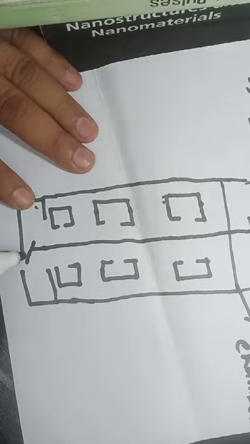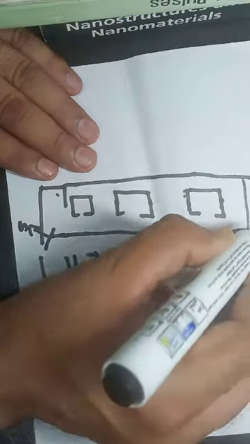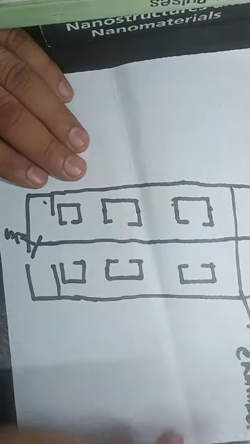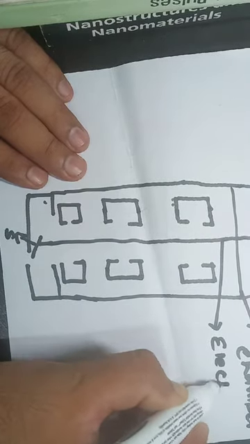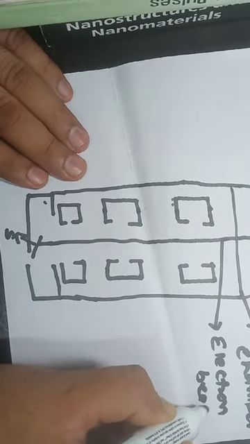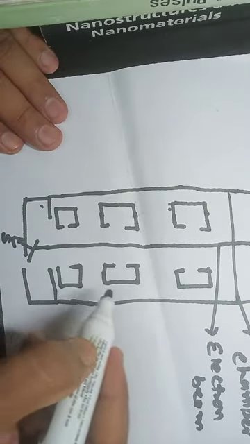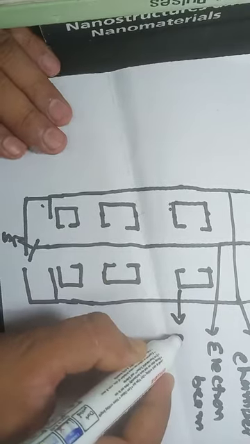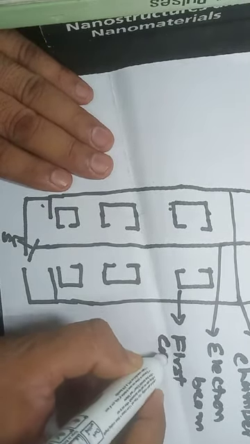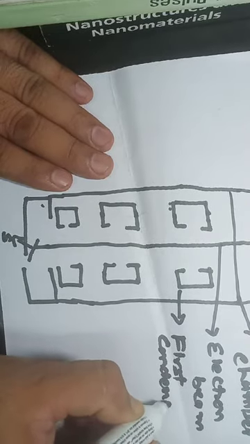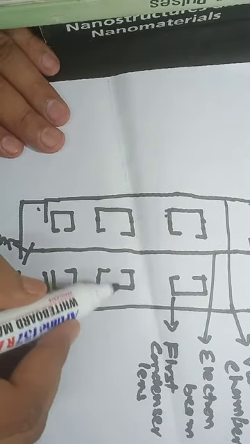Here S is the sample, and this is the electron beam. Here you would have the first condenser lens, and then here you would have the second condenser lens.